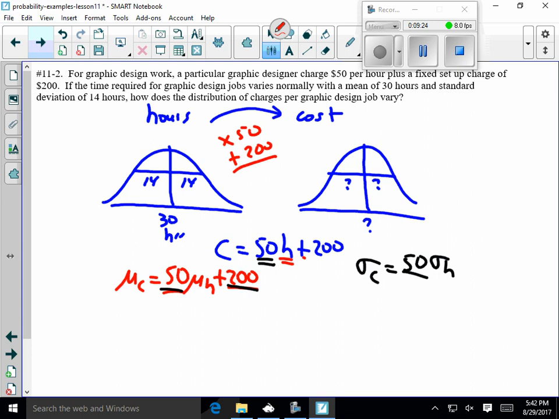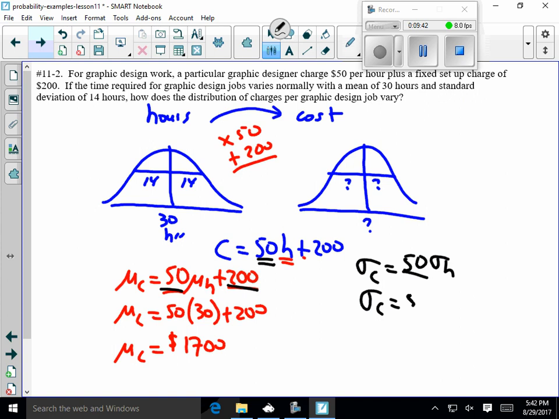So now we can compute these. If you just plug these in a calculator, this would be 50 times the previous mean of 30 plus 200, and that turns out to be a mean of $1,700, right? And then the standard deviation for the cost will be 50 times the standard deviation of the hours, which turns out to be 14.